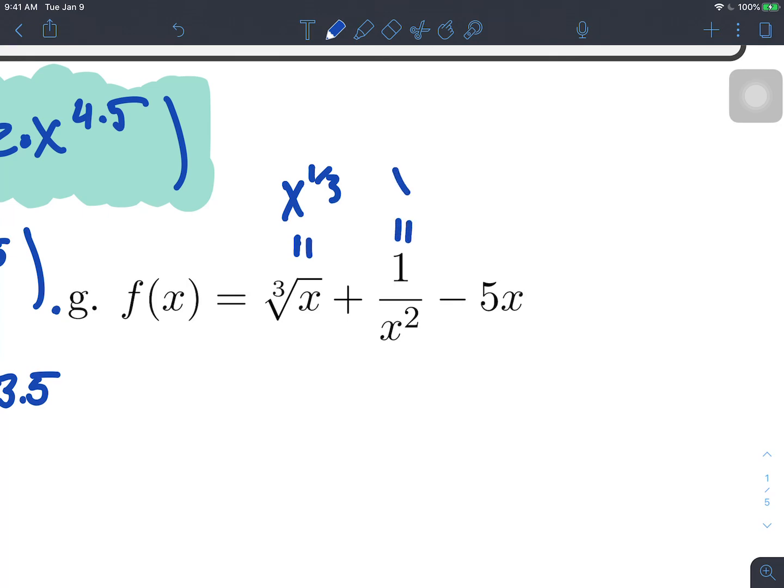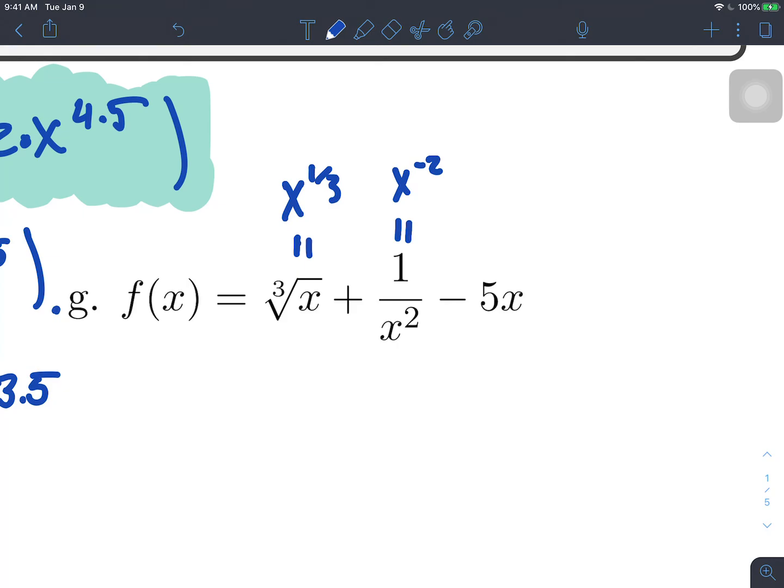How can I write that as x to some power? X to the power negative 2. That's right, Mia. Thank you. So we rewrite these things in a rule-friendly way. Now all 3 of our summands are rule-friendly.